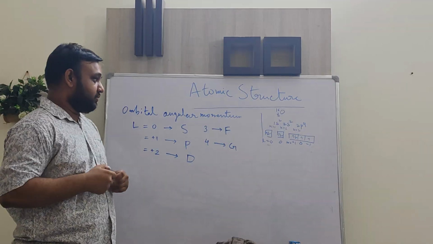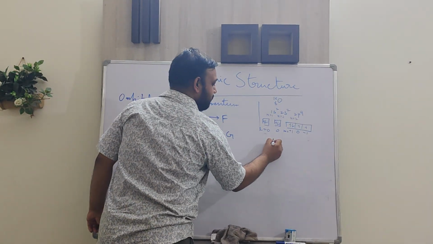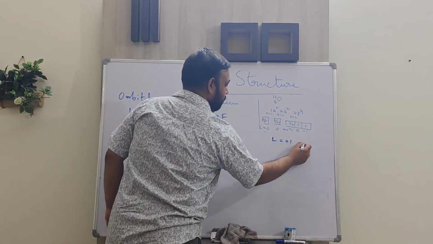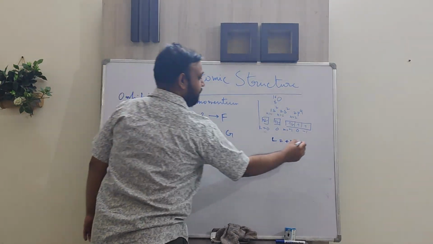So these are the notations. For oxygen, we got L equal to +1, which we can represent as P.